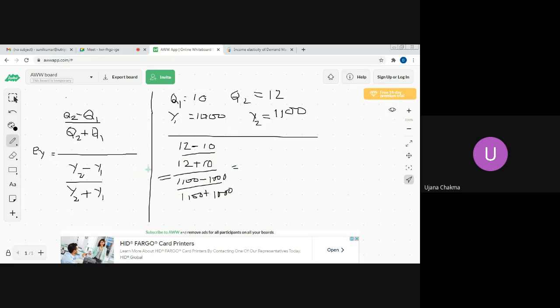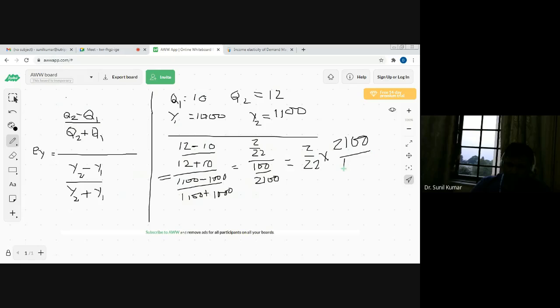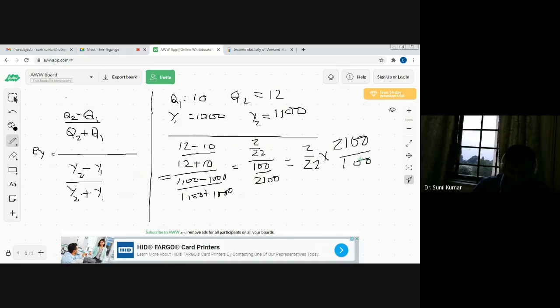So 12 minus 10 becomes 2, 2 upon 22, and 100 upon 2100. Next, we take 2 upon 22 and bring the other fraction to this side, so 2100 goes up and 100 goes below.